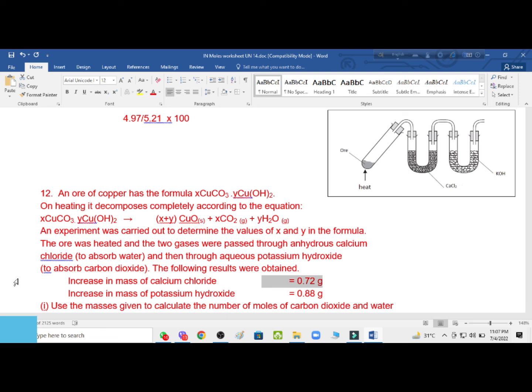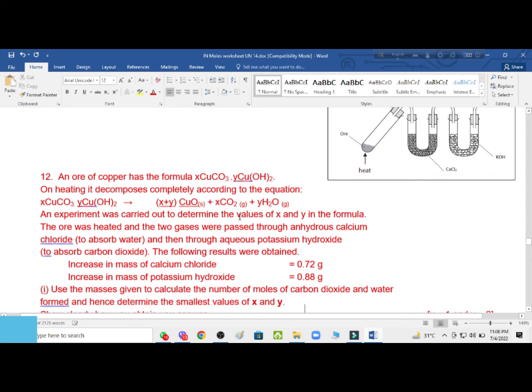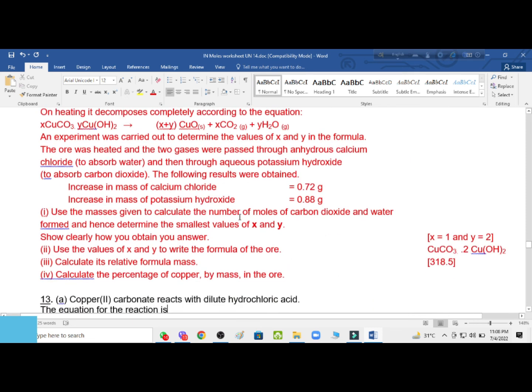So when this absorbs water, this mass increases. So this is totally the mass of water. The next one, increase in mass of potassium hydroxide. Potassium hydroxide absorbs carbon dioxide, the other gas. So this is the mass of what? Carbon dioxide. Clear? So use the mass to calculate x and y.